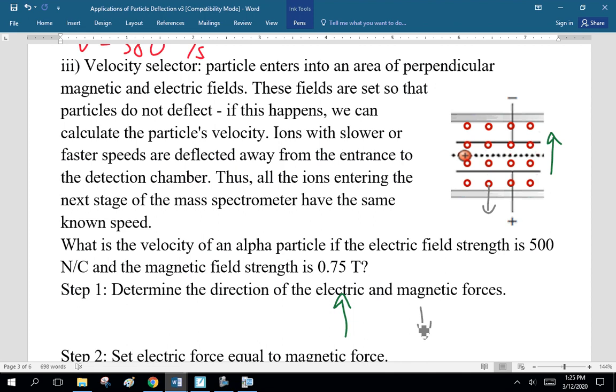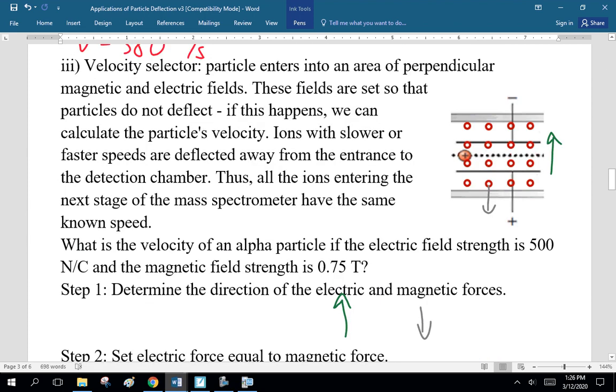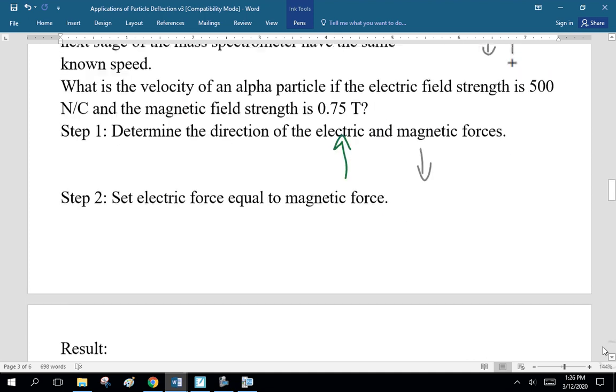The thumb shows the direction of force. The index finger shows the direction of the charged particles, and the middle finger shows the magnetic field. So here the magnetic field's coming out. Now this is for negative charge. So if this is a negative charge, it'll be going up. We do the opposite for positive charge. We twist around, and then the force is down.